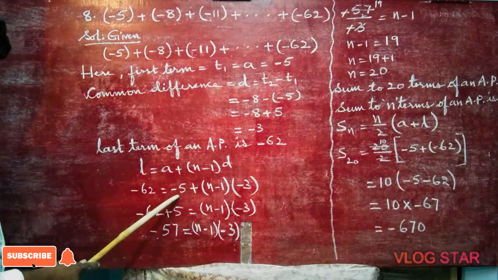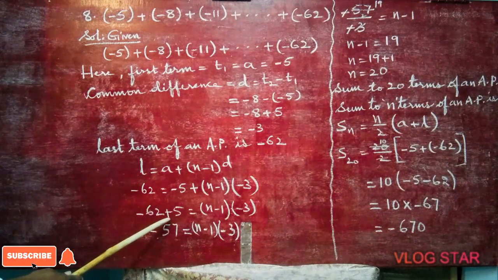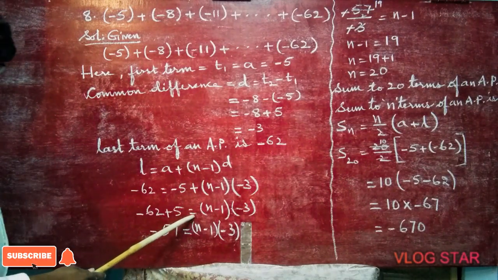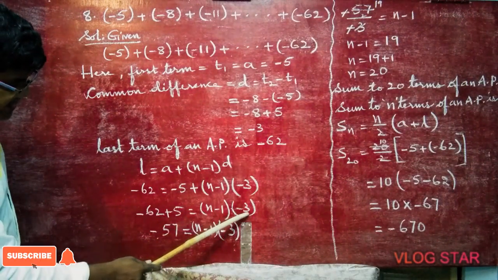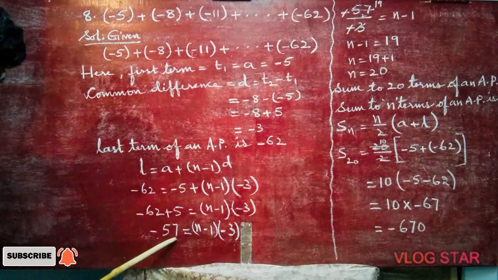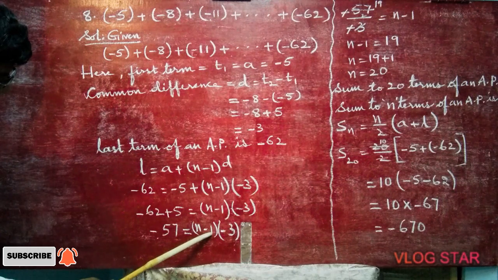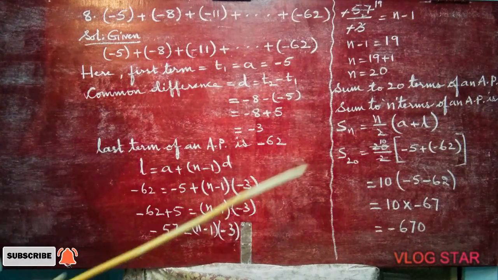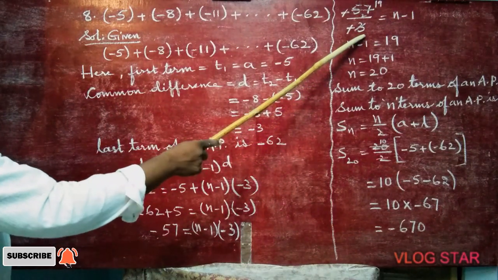Now bring minus 5 from the right side to the left side. Minus 62 plus 5 is equal to N minus 1 into minus 3. Now simplify, we will get minus 57 is equal to N minus 1 into minus 3. Multiplication from right to left becomes division.